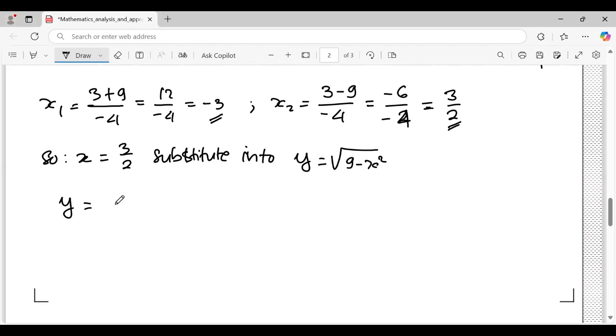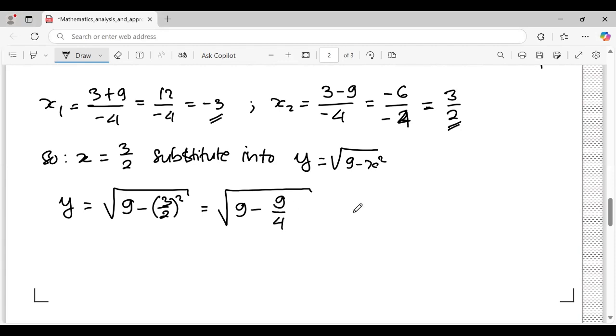So it's going to be y equals square root 9 minus 3 half squared. 9 minus 9 over 4 is, 4 times 9 is 36, 36 over 4 minus 9 over 4.